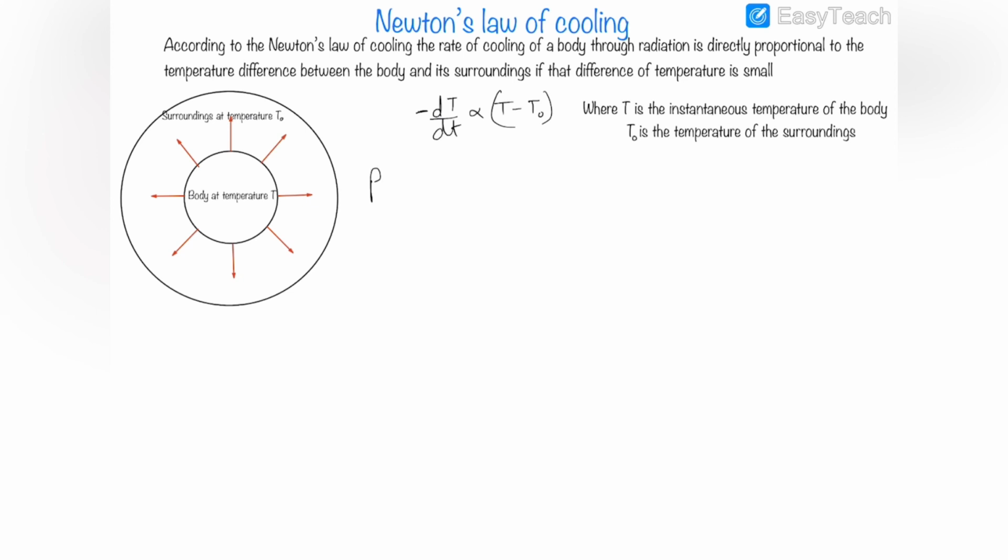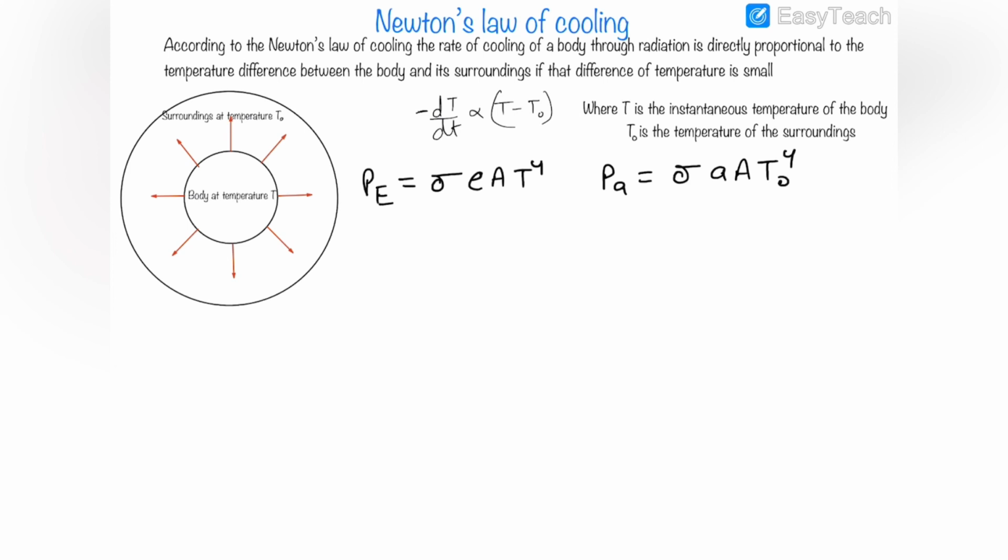The power emitted by this body will be sigma E A T to the power 4, and the power absorbed by this body is sigma A T naught to the power 4.